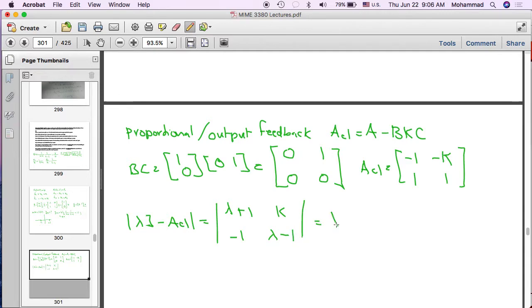So that is lambda squared, minus 1 plus 1 is 0, minus 1 plus k equals 0. So the two lambdas, lambda 1 and 2 of closed loop, are located at the square root of minus 1 plus k.